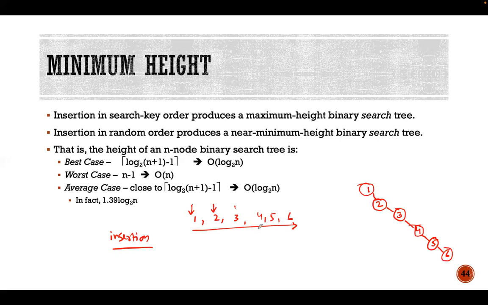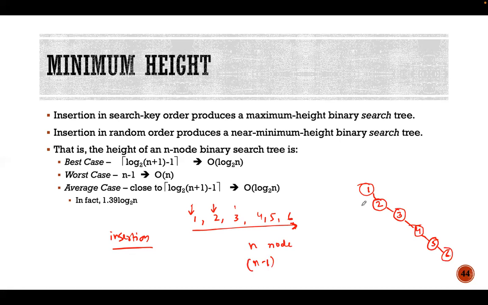So if we insert the nodes in search key order, that will produce a maximum height binary search tree. Here we have 6 numbers, and what is the height of this tree? It's 1 2 3 4 5. If we have n nodes, the maximum height of the binary search tree can be n minus 1.